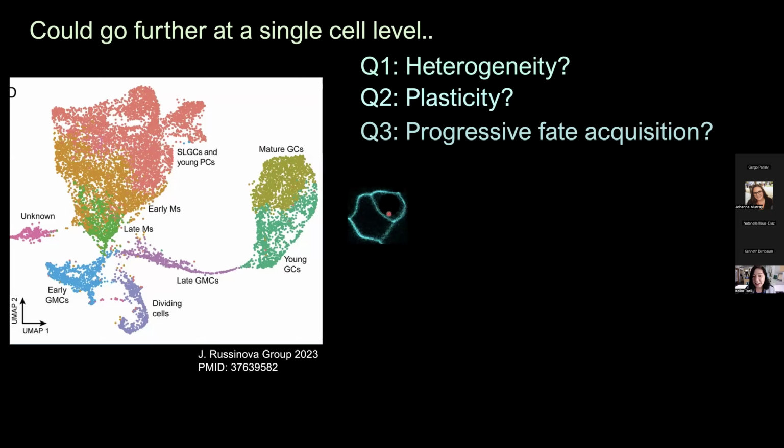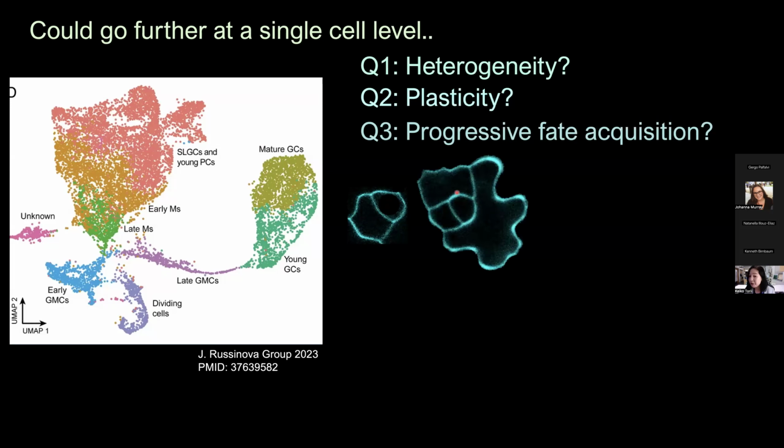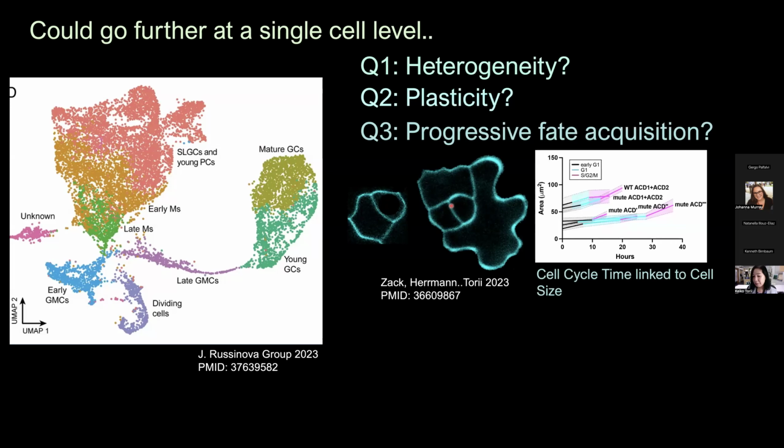For instance, this is an early meristemoid that just divided asymmetrically, and this is a later meristemoid that divided at least 1, 2, 3 times. You can see there are some differences in size and so forth. For example, we recently reported that along the asymmetric division cycle, the cell cycle time is linked to cell size, which makes sense.